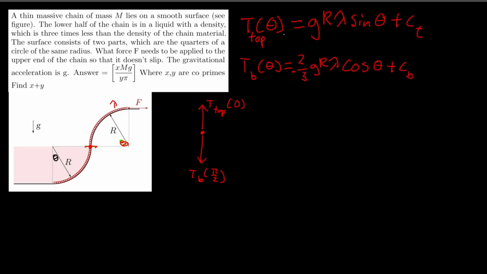And we can see that if we set theta equal to 0, this first term will be 0, and we'll be left with C of t.